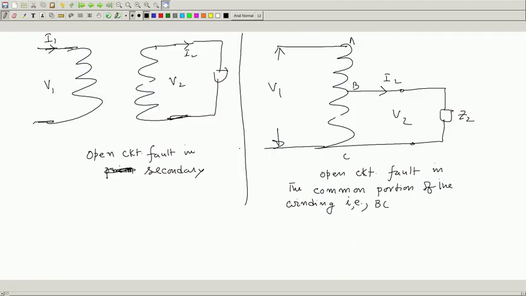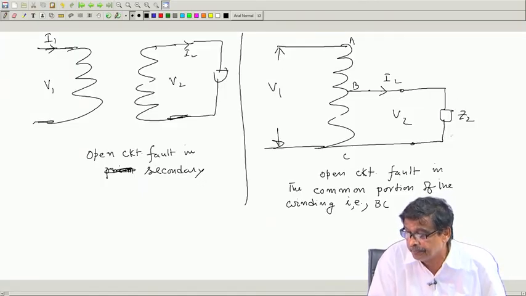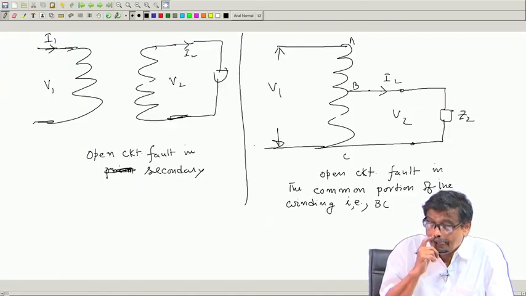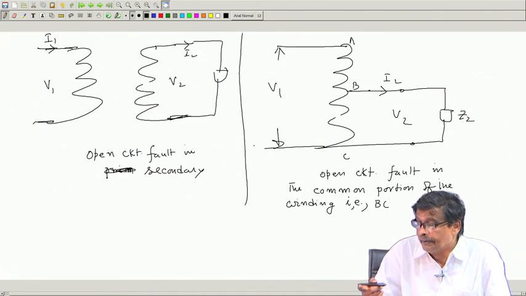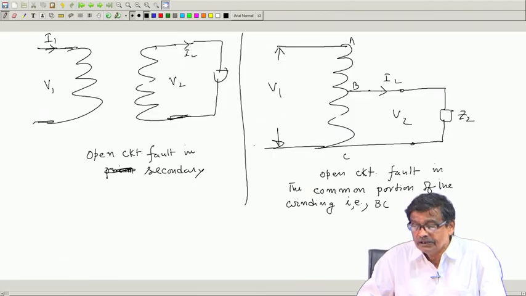And not only that, this voltage is no longer N2 by N1, this voltage minus this drop, and if this point is closer to this point, this voltage will become of the same level as that of this one, is it not? Therefore, across the load perhaps the voltage will go up, which is not in your control via this connection. And there will be problem on the load if you apply high voltage, just because of what?